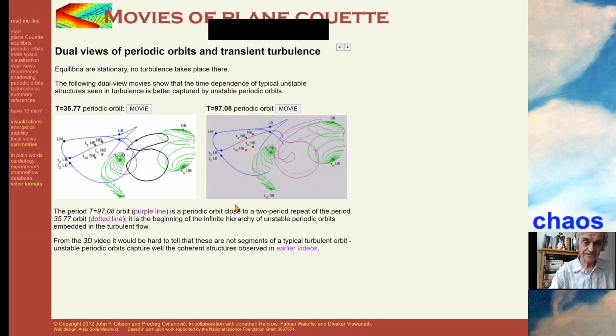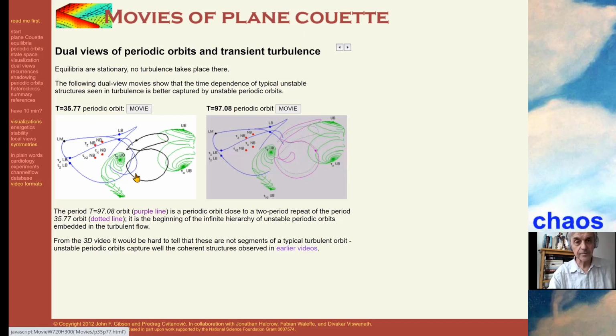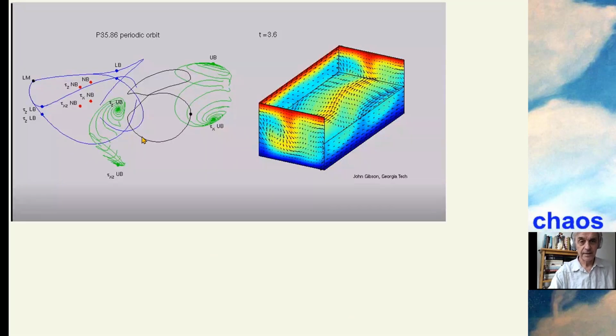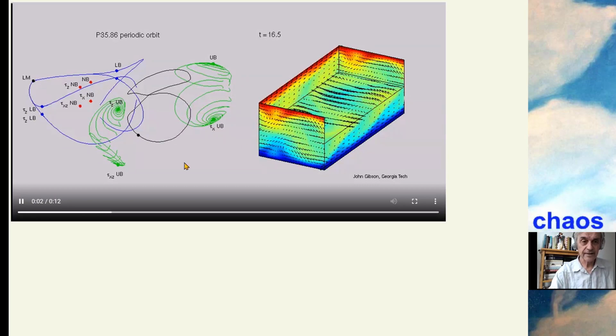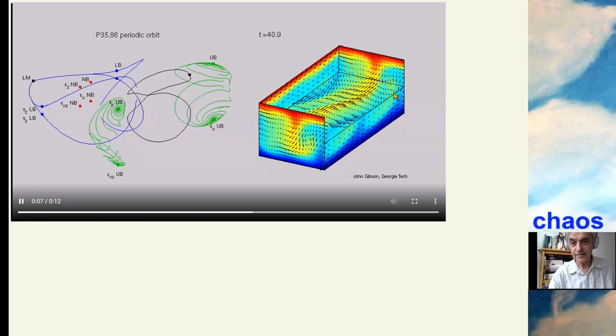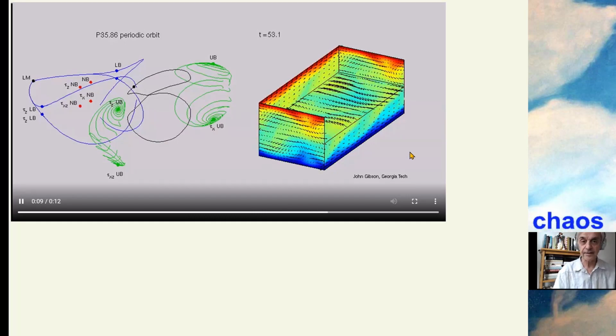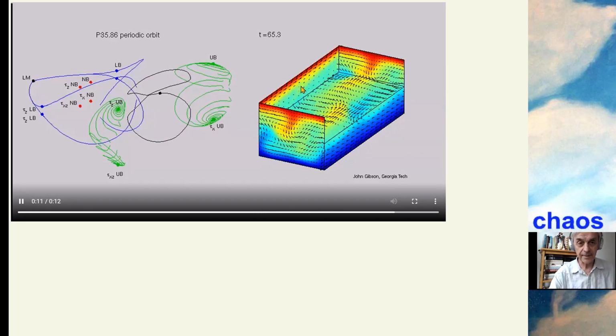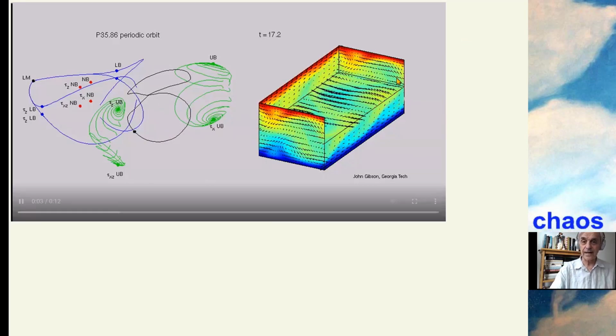So then, the story goes on, but basically the state space gets filled up with invariant things. So here is a periodic orbit, for example, that visits one region of state space and another region of state space, and it looks very turbulent, but by labeling the neighborhoods, you can actually give it a name.